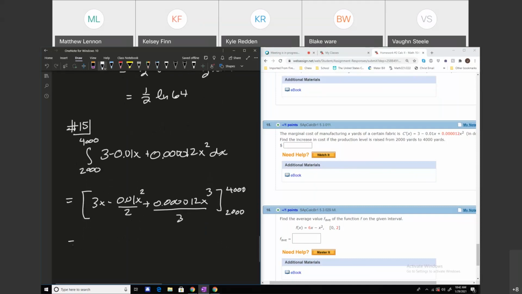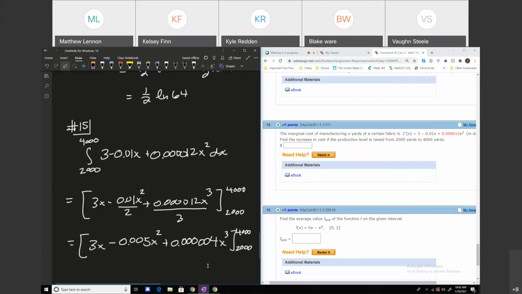So we can simplify a bit here. This will be 3x minus 0.005 x squared plus 0.00004 x cubed, from 2,000 to 4,000.